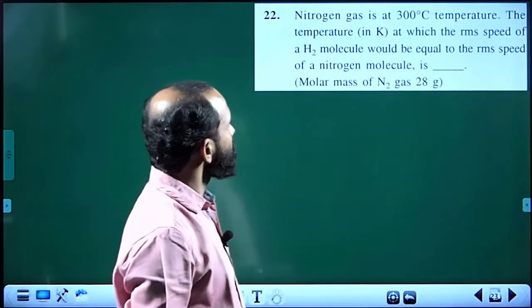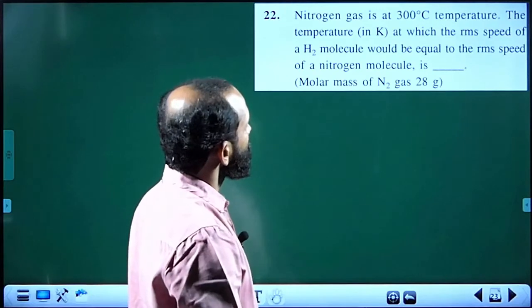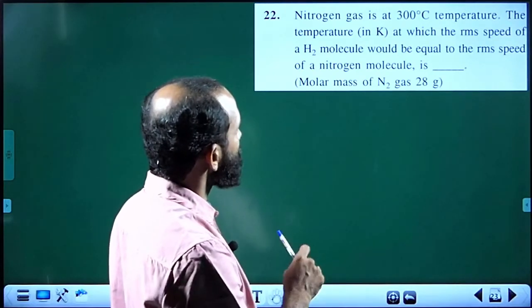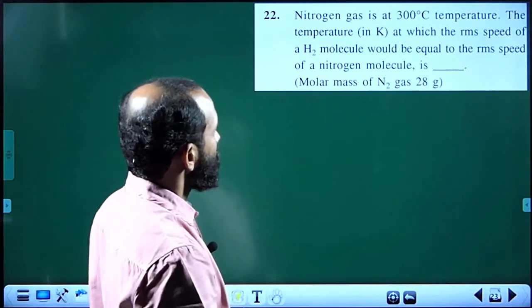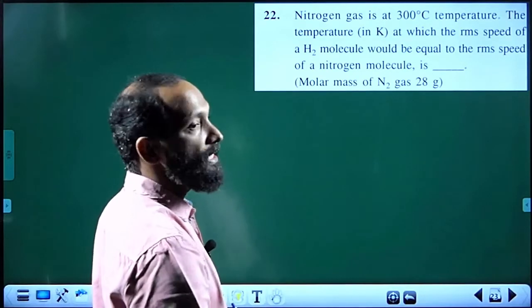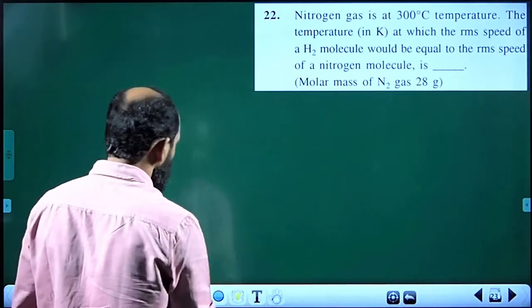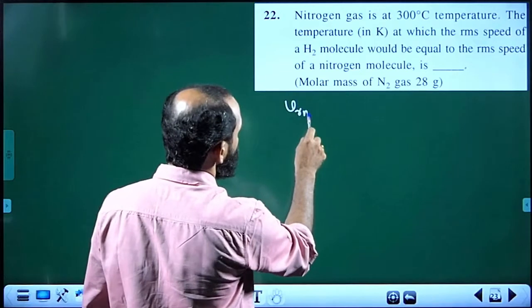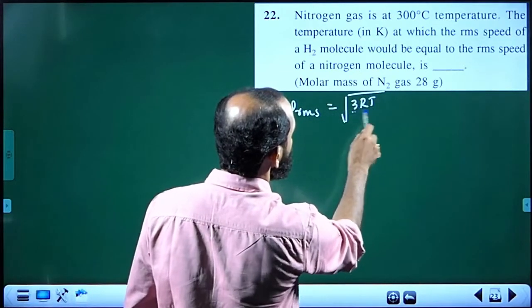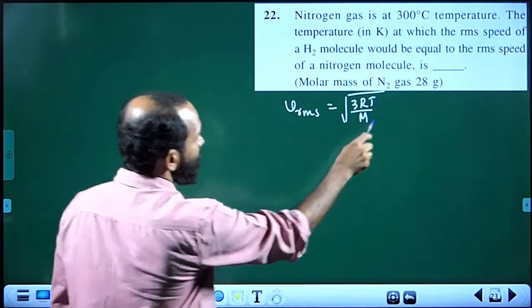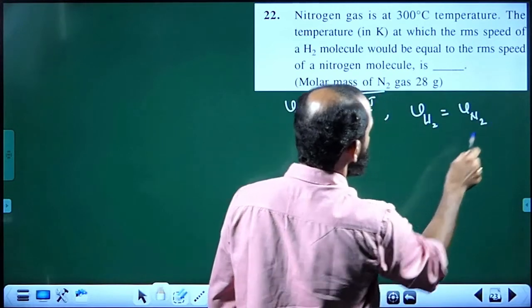Next one, 22nd. Nitrogen gas is at 300 degrees Celsius temperature. The temperature in Kelvin at which the RMS speed of a hydrogen molecule would be equal to the RMS speed of a nitrogen molecule is? The molar mass of nitrogen is given as 28 and that of hydrogen we know is 2. Now the formula for RMS speed is V RMS is equal to square root of 3RT divided by M, and it is given that V hydrogen is equal to V nitrogen.